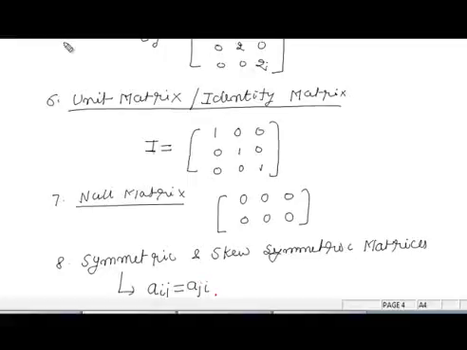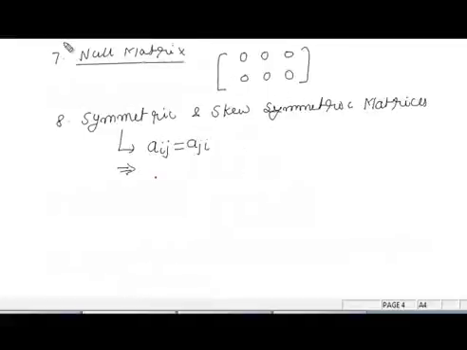In other words, it can also be written as A transpose is equal to A. And the skew symmetric matrix can be represented as Aij is equal to minus Aji. In other words, A transpose is equal to minus A.